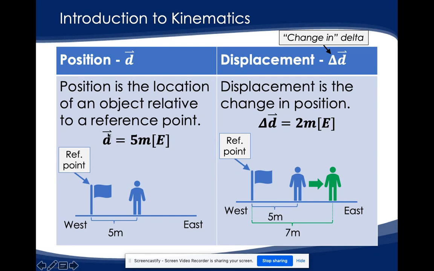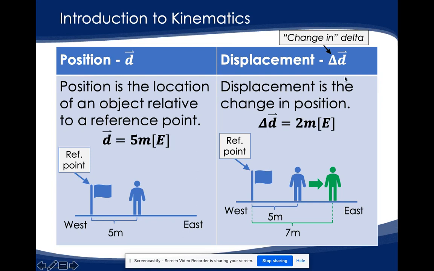Their position is D with a little vector hat on top, because we're going to show not only the magnitude, but also the direction. So his position is going to be 5 meters east of whatever reference point you're starting at. Very basic example. He's 5 meters east of the beginning point, the 0.